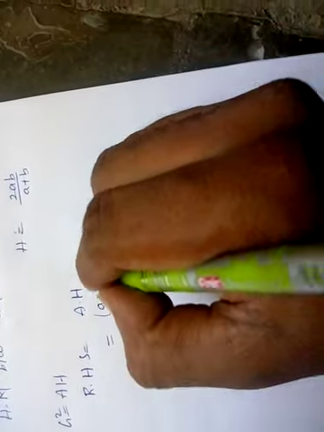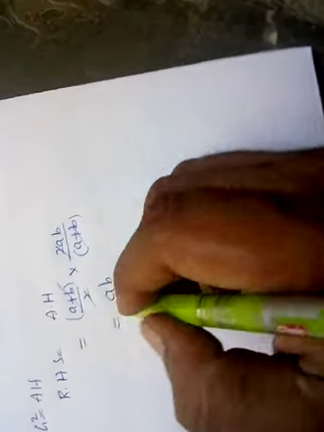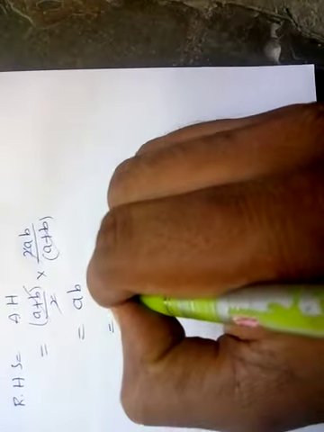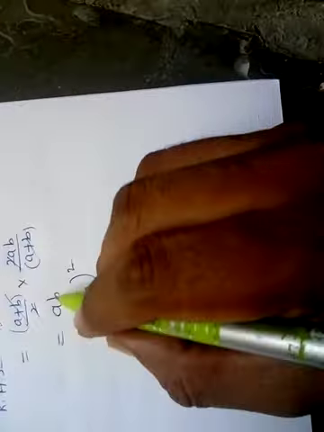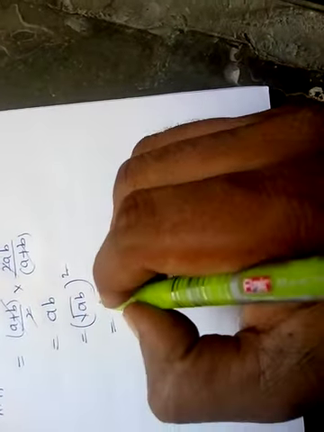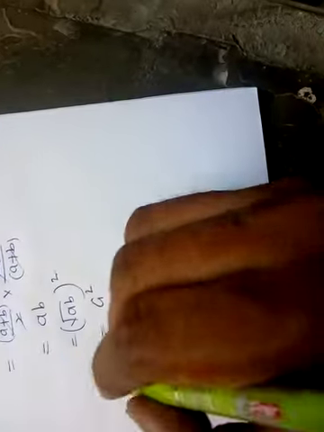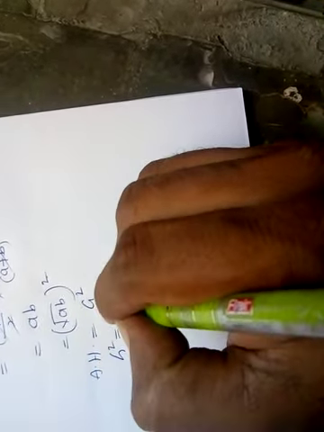So here A plus B and A plus B cancel, 2 and 2 cancel, we get AB. So AB can be written as the square root of AB whole square. What is the square root of AB? G. So this is G square. So AH is equal to G square. So clearly G square is equal to AH.